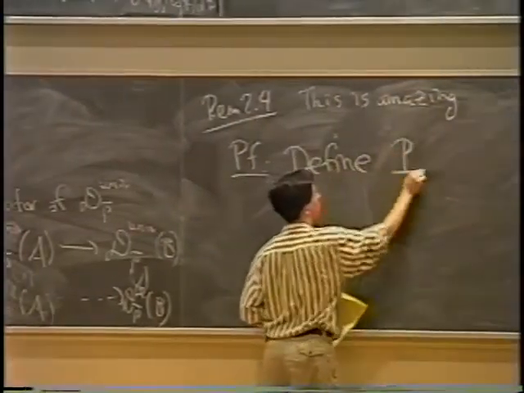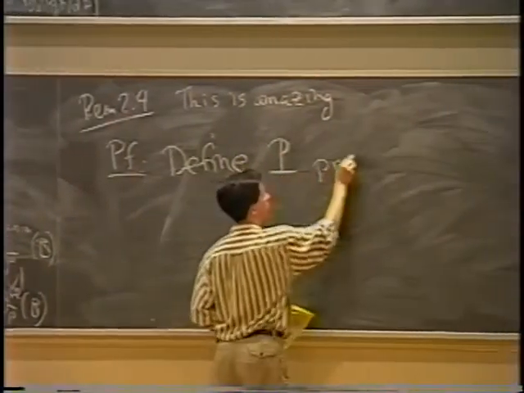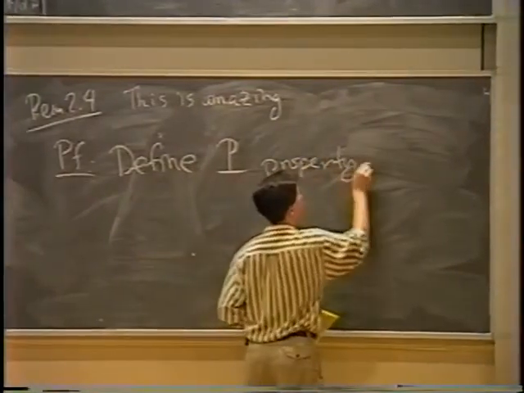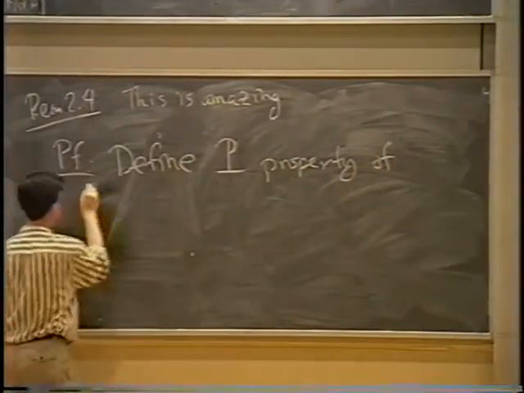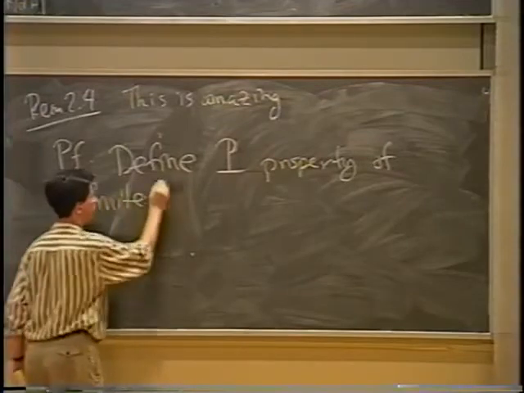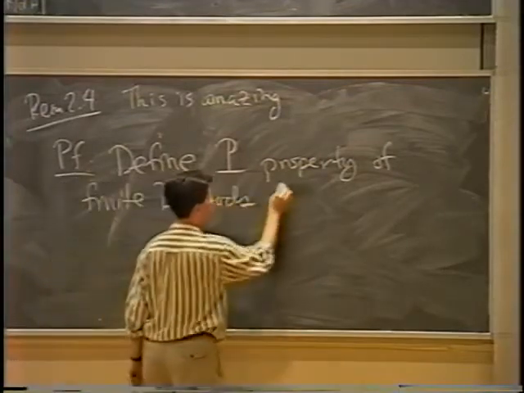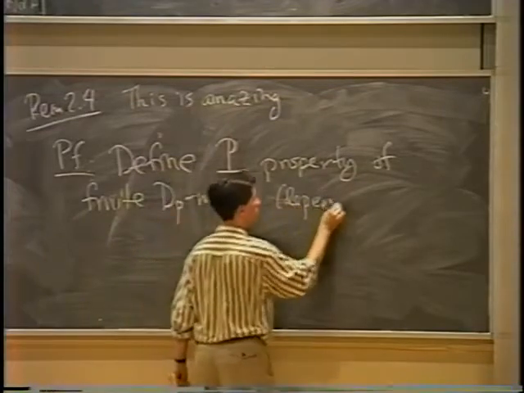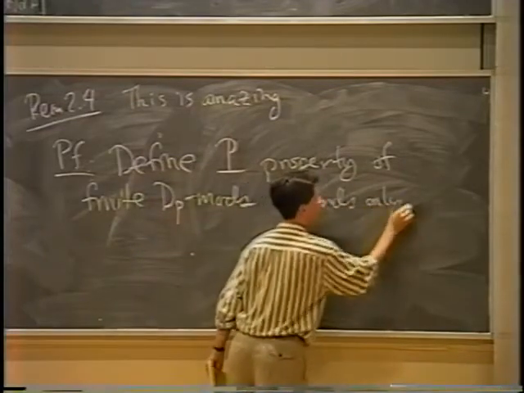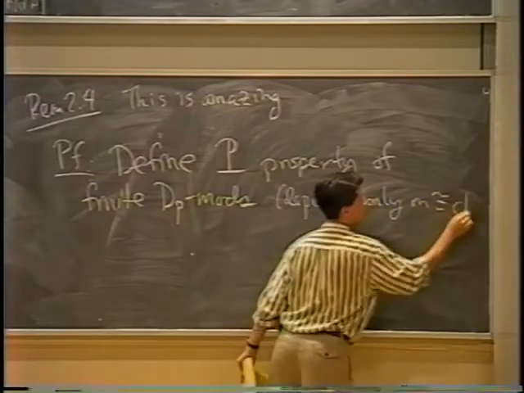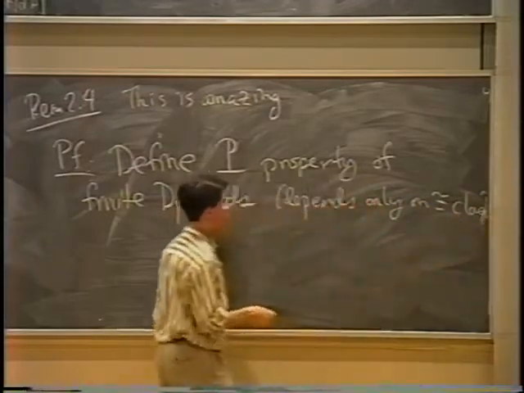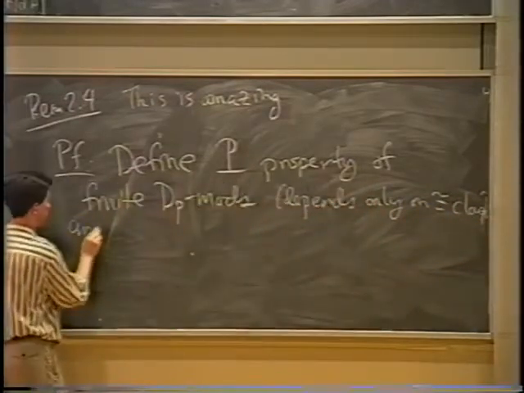We're going to define a property P, and it's going to be a property of finite dp mods, always with continuous action. It depends only on the isomorphism class. For example, the property of being flat. And we impose three more conditions.